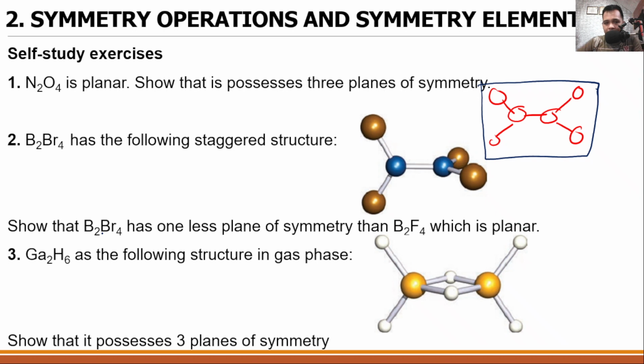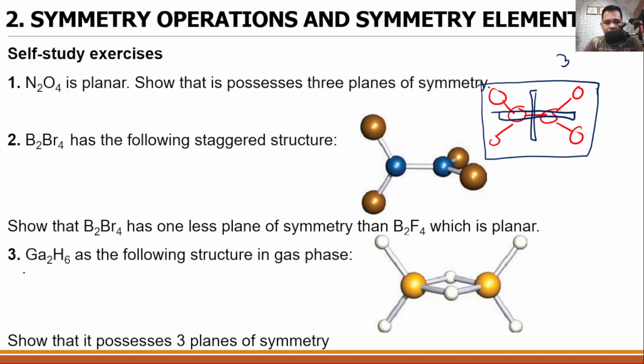If we are going to draw that on a paper, this one is here, and this one. So, those are the three planes of symmetry sa ating N2O4. Okay. So, that's it. That's for number 1.